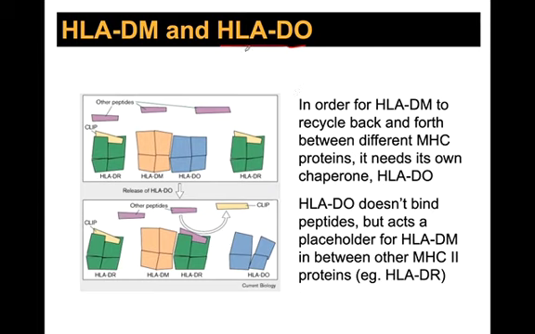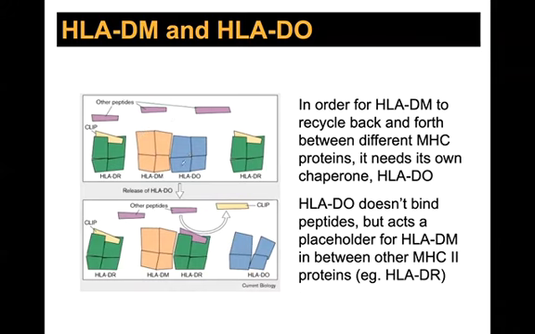But in any case, what Brian showed is that you actually needed another protein, HLA-DO, for HLA-DM to work. DM's job is to open up the MHC2 and release the CLIP peptide, so that other peptides can bind.